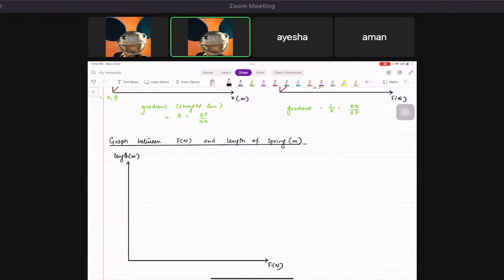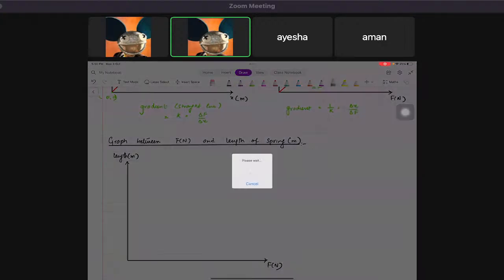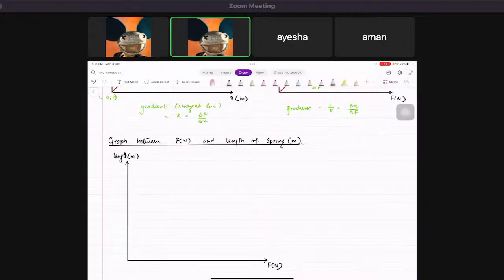And usually this graph will never ever start from 0. It will start from some other value, so it's going to look like this. It will have some value here.